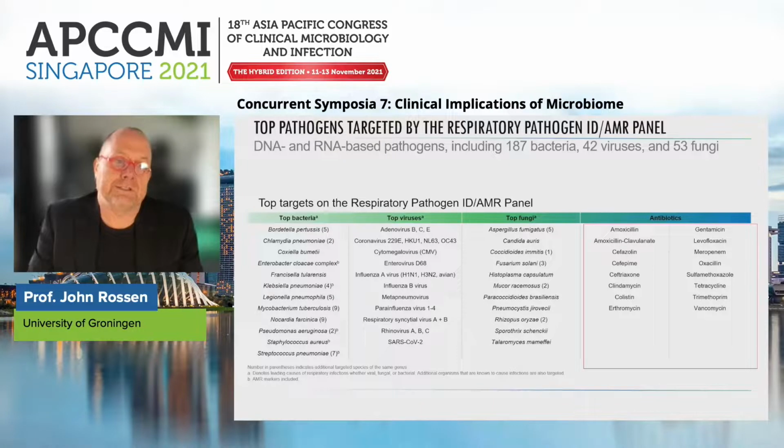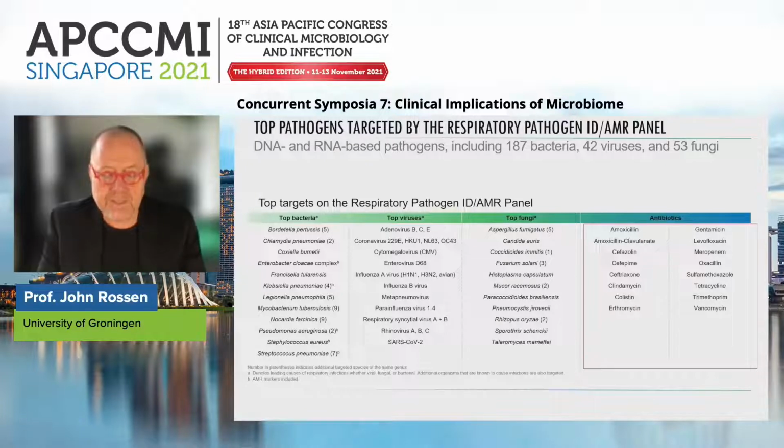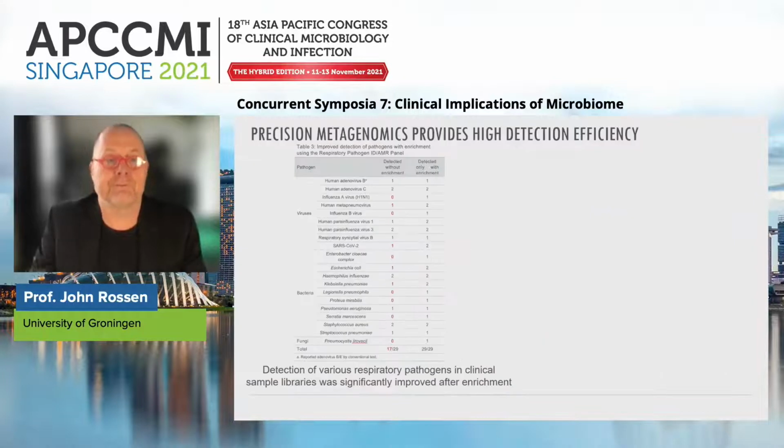So you see here in this slide, the top targets on the respiratory pathogen ID AMR panel, and it includes, for example, Bordetella pertussis, but also Mycobacterium tuberculosis. As I told you, we have many genes detected that cause antimicrobial resistance, and this includes not only antibacterial mechanisms, but also antiviral and antifungal ones. Now let me show you an example of the performance of this panel.